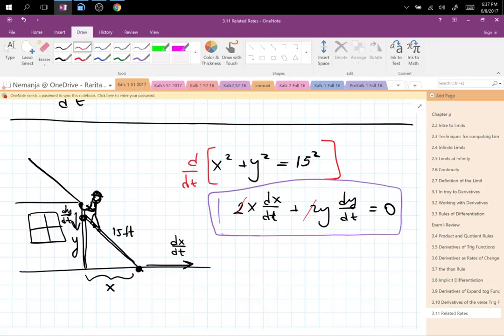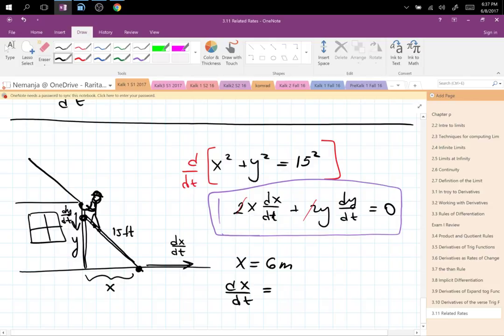So let's say that you kick the ladder out. Well, let's say first x is equal to 6 meters. Say that the ladder was 6 meters away from the house. And you also will need how fast you kick the bottom out, so dx dt.